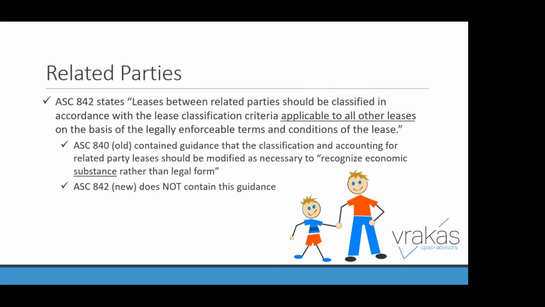The new standard very specifically does not contain that guidance. It actually only contains about one small paragraph about related party leases. And I think really what they were trying to get across there is there's really not separate guidance on related party leases. They should be accounted for and looked at as any other lease would be. So that's a big difference from the old standard.